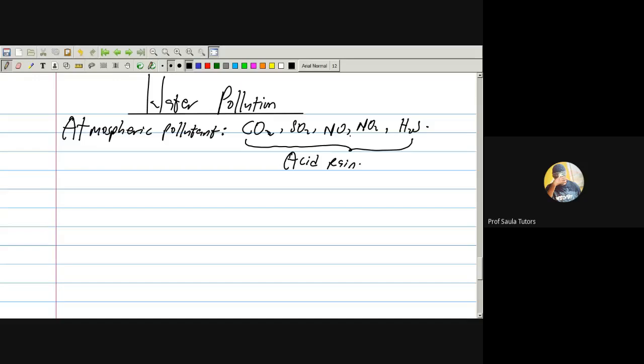Good. Now, there are some wastes, some pollutants also. We say they are biodegradable, and some are non-biodegradable. Very important. What does biodegradable mean?